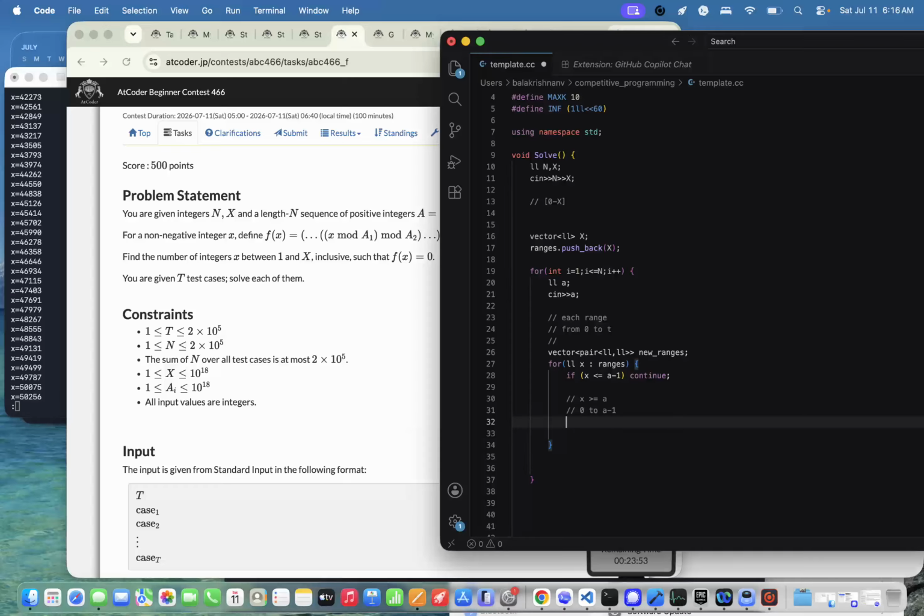Then sum max. Percent a, and x percent a is 0 to a minus 1. Question is go back of a minus 1.